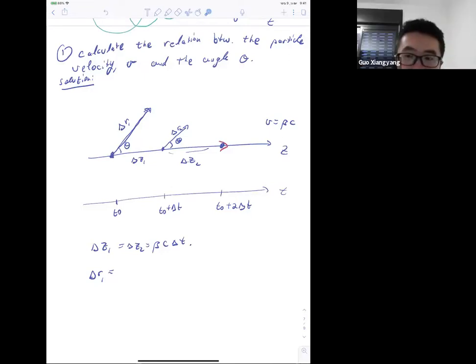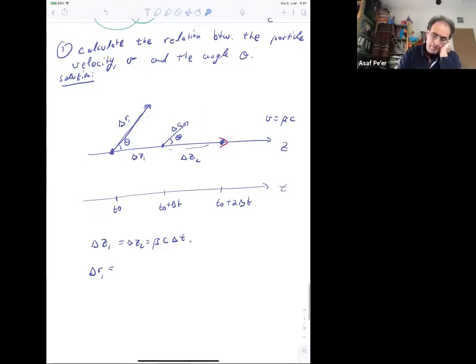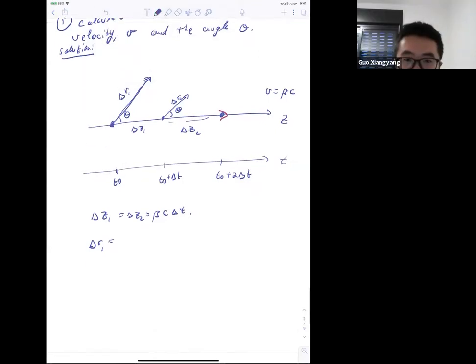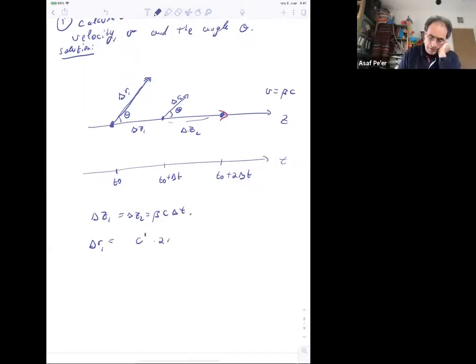C over n times delta t. Very good, right? So delta r1 is just c prime times 2 delta t, where c prime is just c over n times 2 delta t. And similarly, delta r2 is just c over n times delta t.